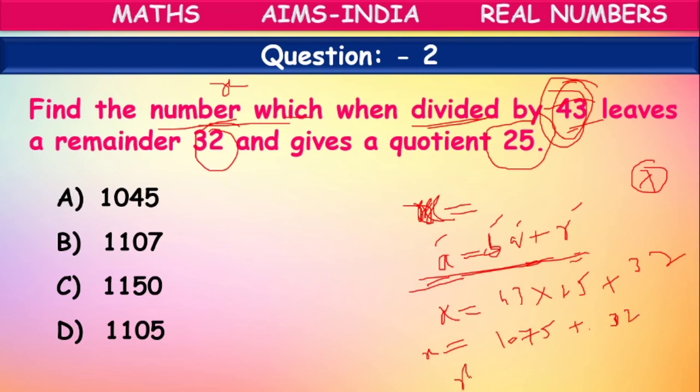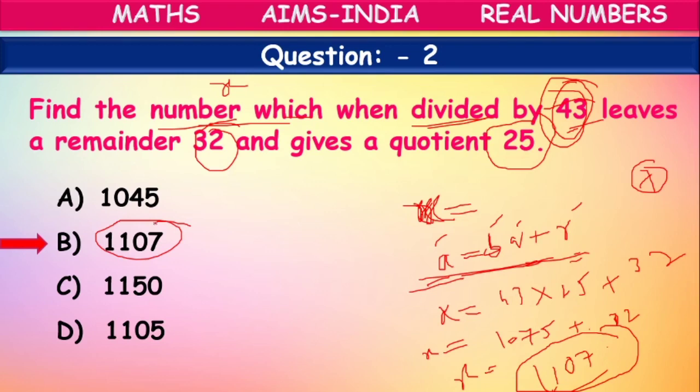Now 107 plus 32. If we add, what will we get for x, children? 5 plus 2 is 7. Tens place 7 plus 3 is 10. Hundreds place 0 plus 1 is 1, 11. So 1107. What is the correct answer?